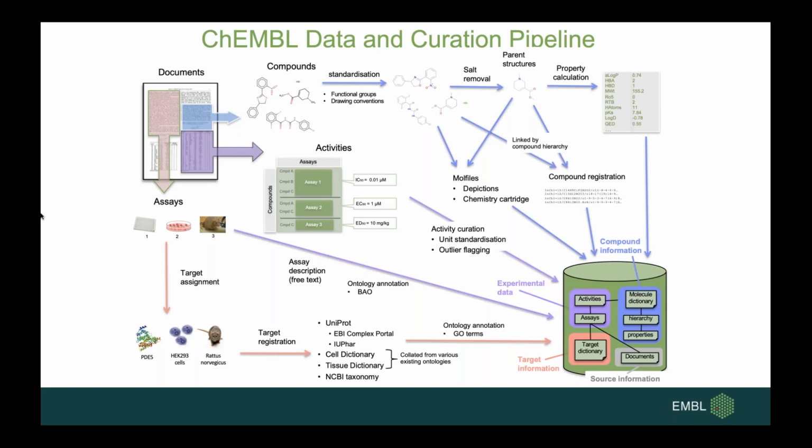We then map the assays to targets and register the targets, in particular if they're protein targets, against UniProt IDs, etc., and put that into the database. And the thing that links the two together is obviously the activities: that a compound was measured with a particular IC50 in a particular assay against a particular target. That is ultimately, I think, what people are working their way towards using.